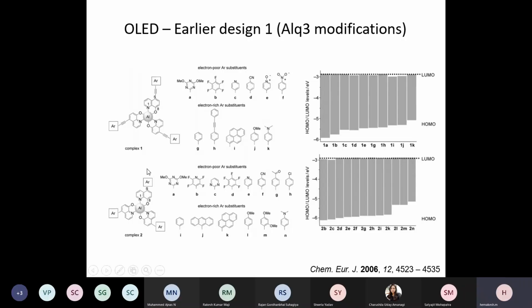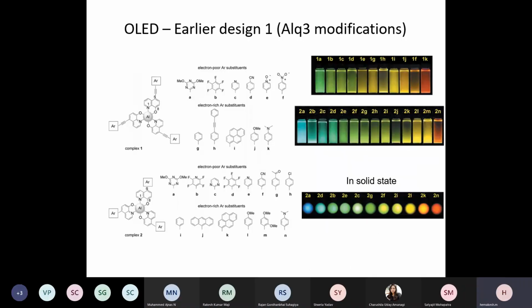So effectively, by choosing what the R group is, you can have a variety of band gaps and therefore a variety of colors. You can have the conjugation separated out by a triple bond, or you can directly connect it as well. So many varieties of ALQ derivatives have been studied for their ability to emit light of different colors.